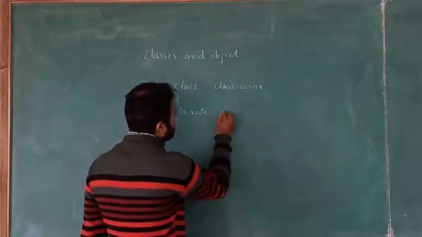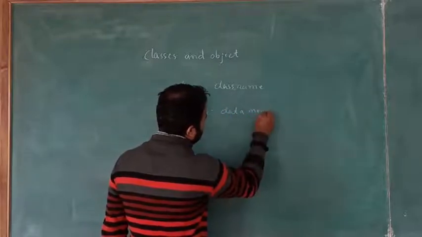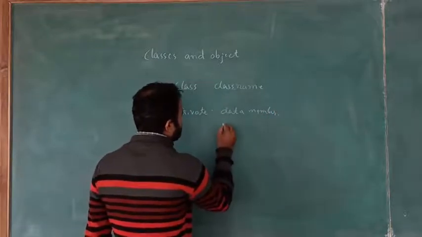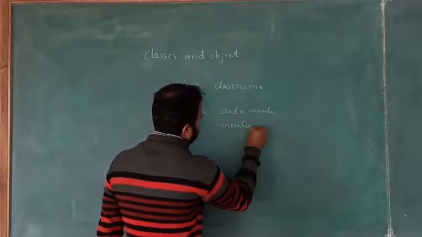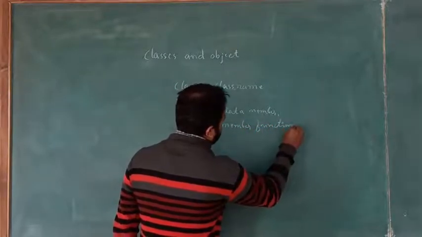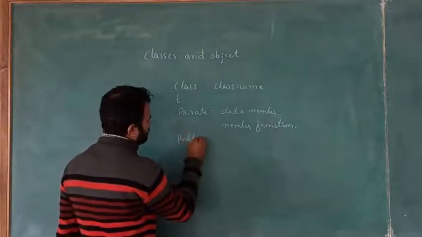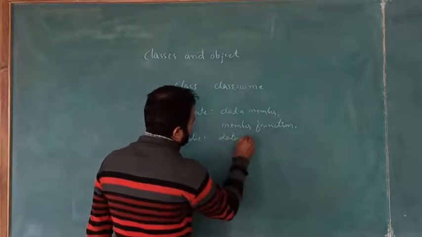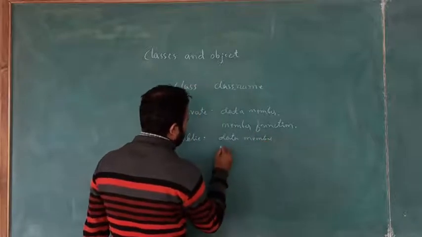Private: data members, member functions. Next, public: data members, member functions.